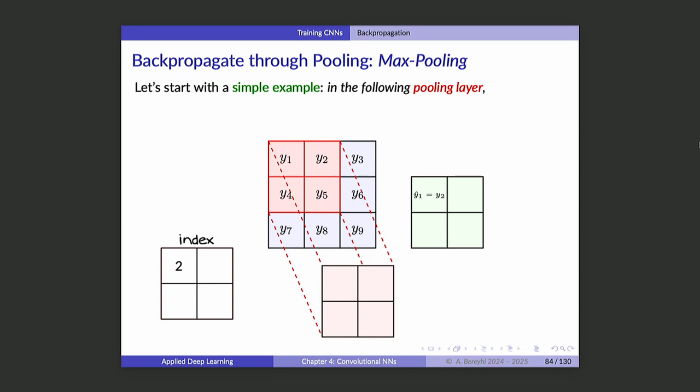This is a pooling, and I have an input. It is 3 by 3 input. Okay? So this input is usually the output of the previous convolutional layer, right? So the convolutional layer did the convolution, did the activation, I got some y map. And now from this y map, I did a pooling and I get the y hat map, right? This is the pooling layer. Now, to keep life easy for us, I always think of feature maps.